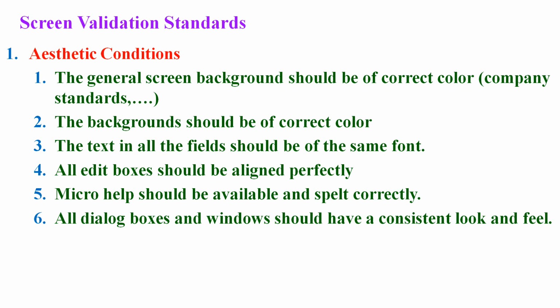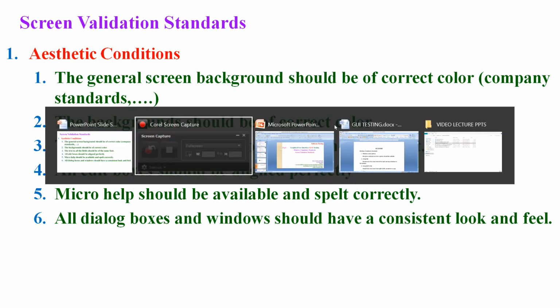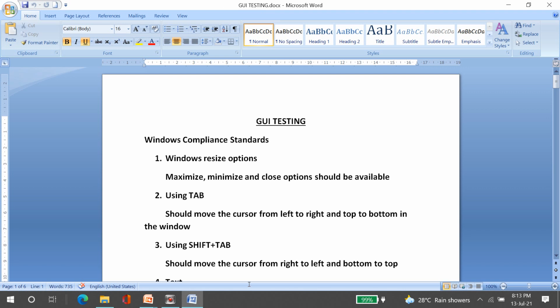What does it mean? See, I will take one example and show you. For example, now I have taken this screen, Word. Now, if I position my arrow, that is the mouse, on any particular option, then it will display something.